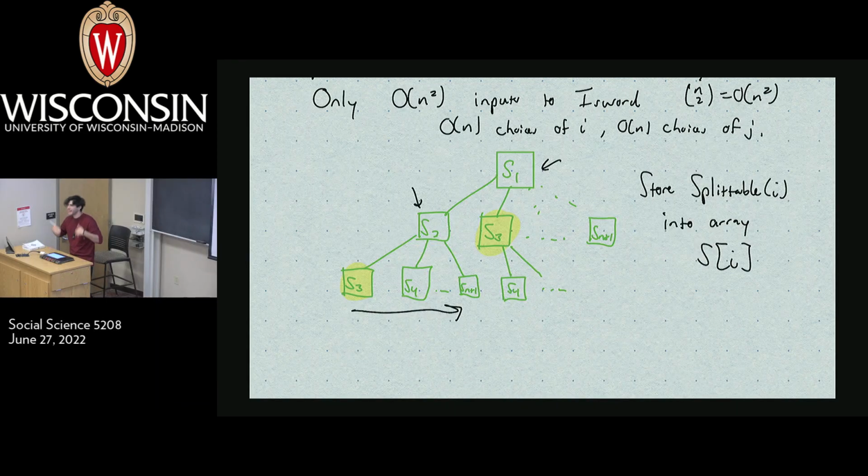Specifically, S of I will hold the result for splittable of I. So at the very end, you would be returning S of 1. That's your final algorithm result.